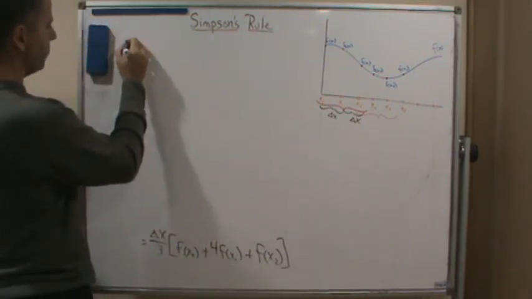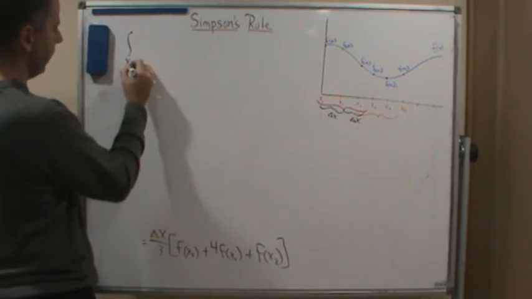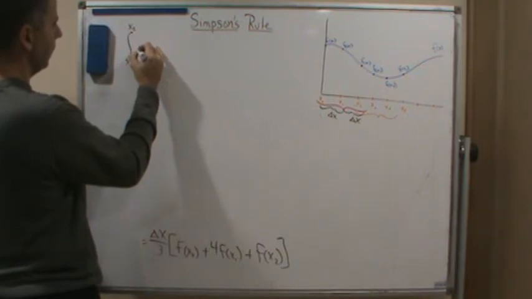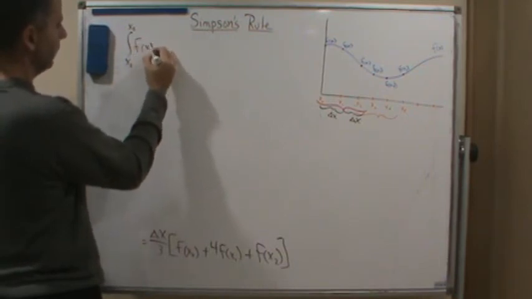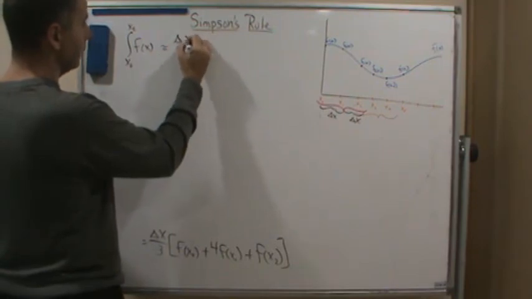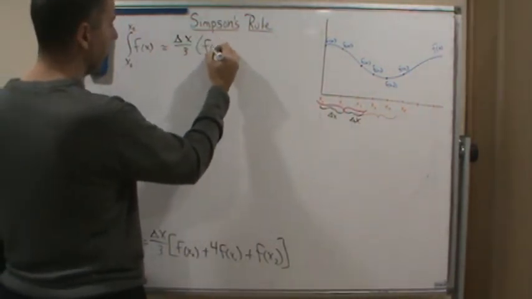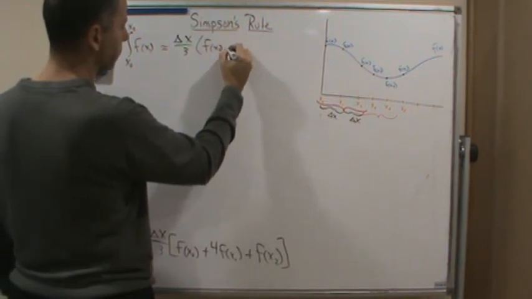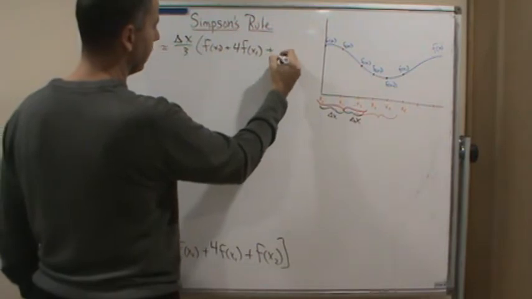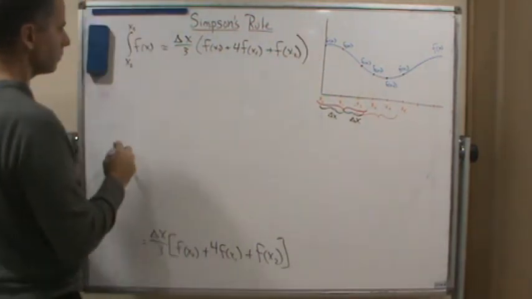So the integral from x0 to x2 of f of x is approximately delta x over 3 times f of x0 plus 4 times f of x1 plus f of x2, right?